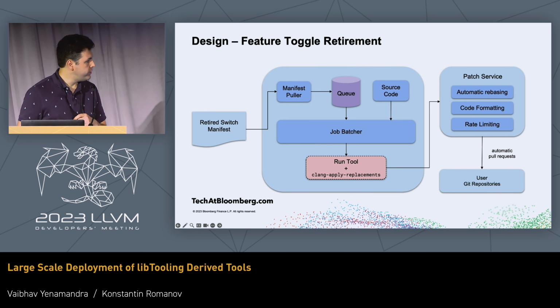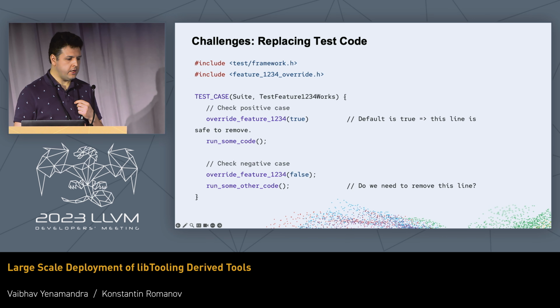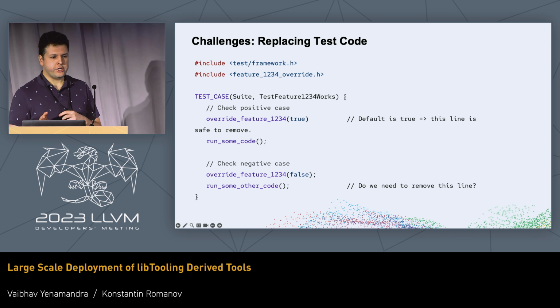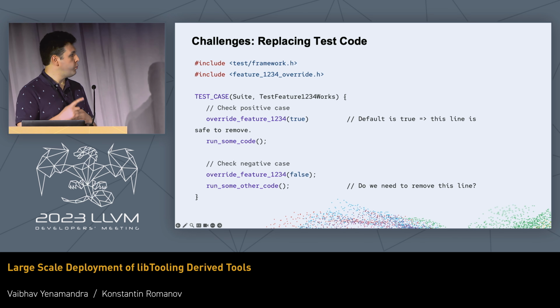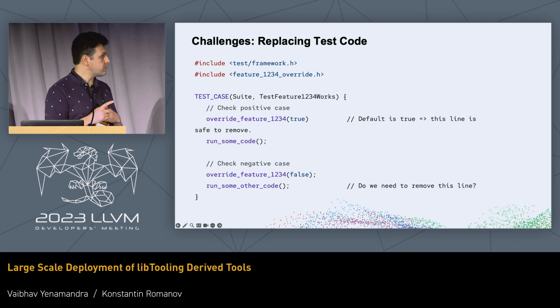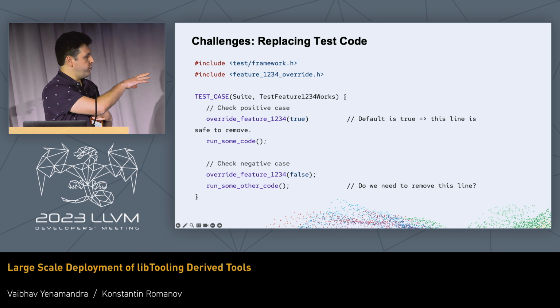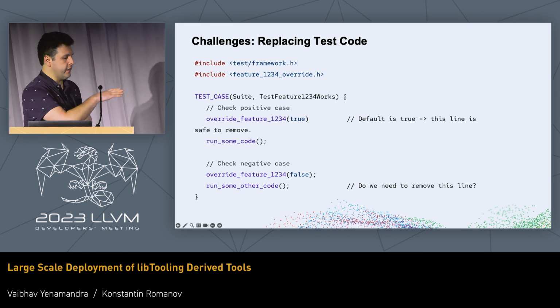This is how this tool is baked into our pipeline. And what are the challenges? One of the major challenges is testing code, where we have overrides for features. Here the problem is that it is not obvious whether we can remove the last two lines or not.